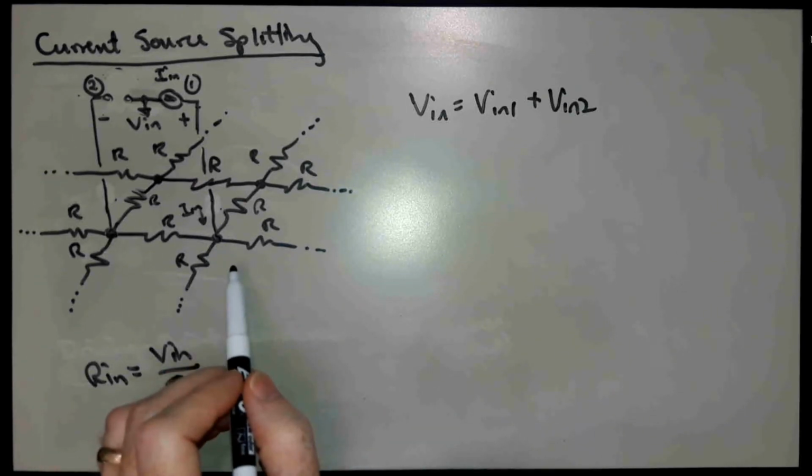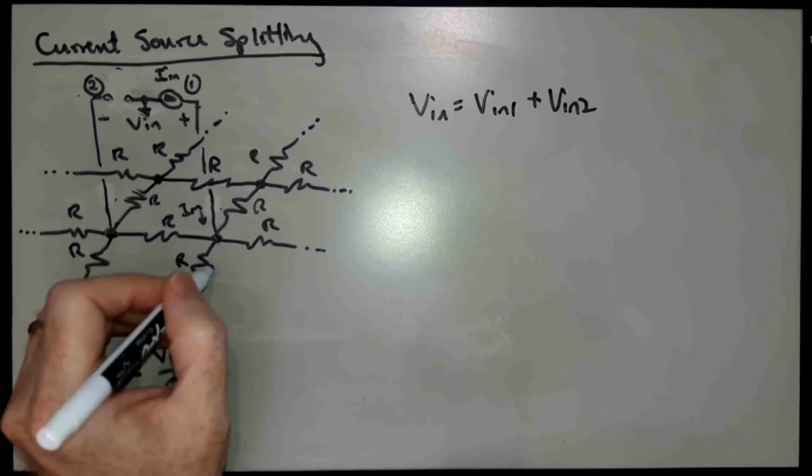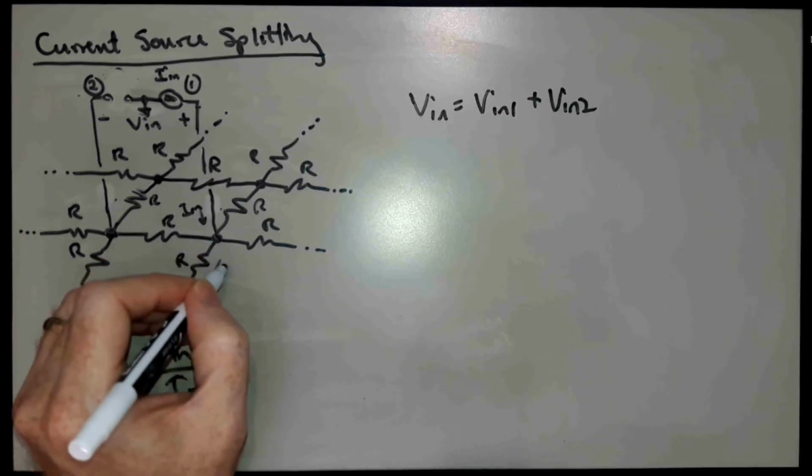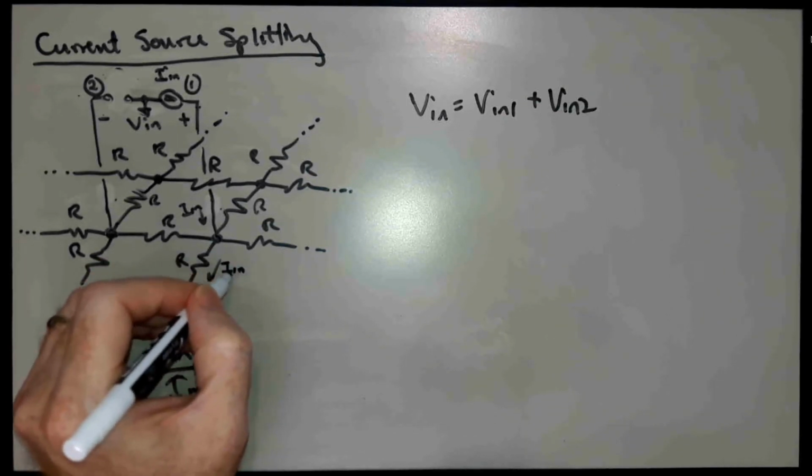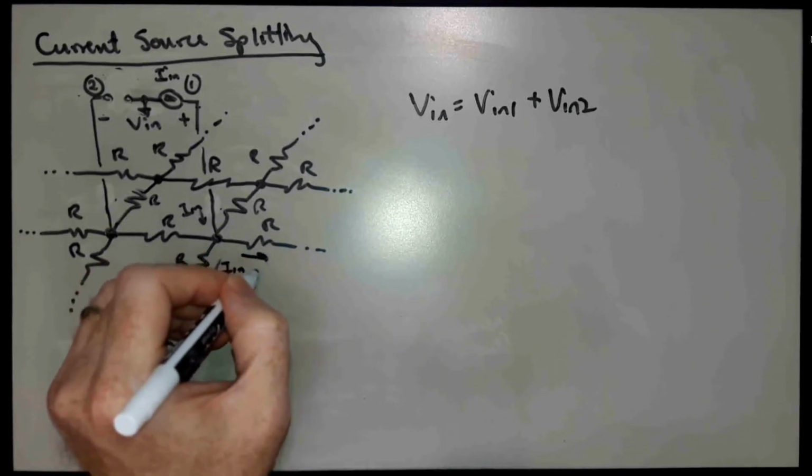Well, this network is perfectly symmetric. It's infinite in all directions, and it's made of the same value resistors. So by symmetry, it has to split into 4 equal pieces. So In over 4 goes each of these 4 directions.